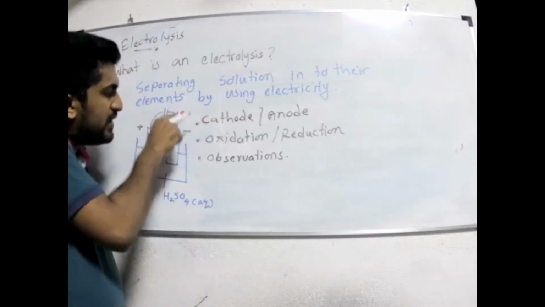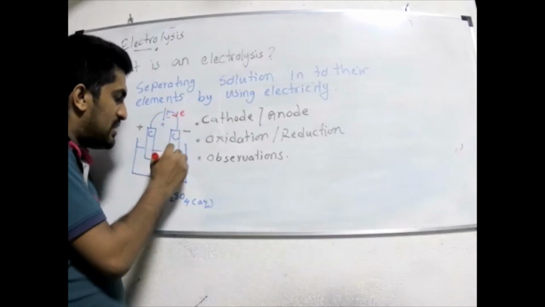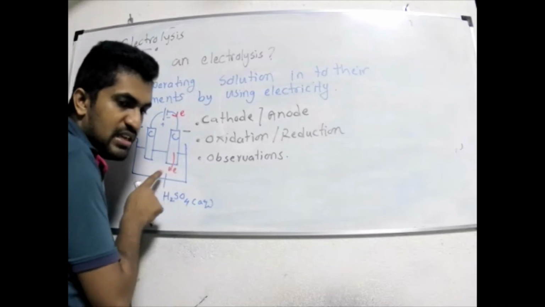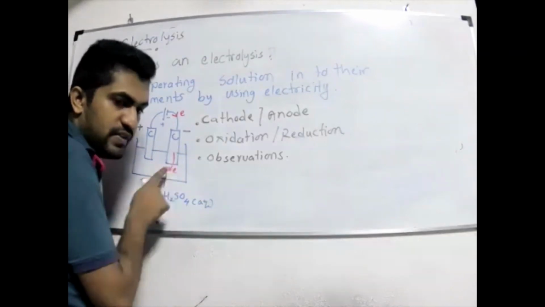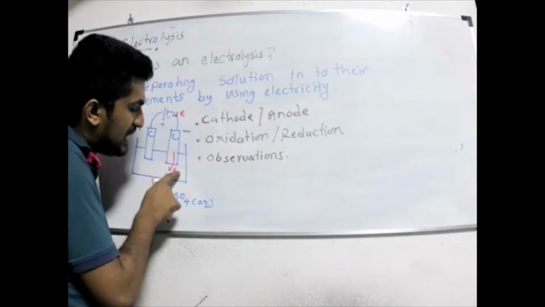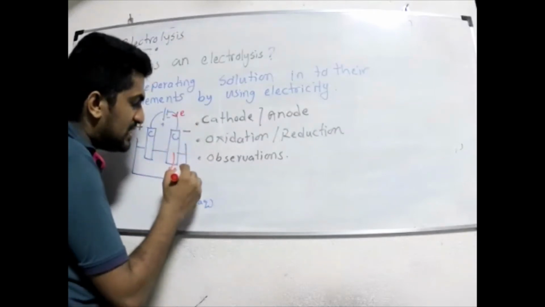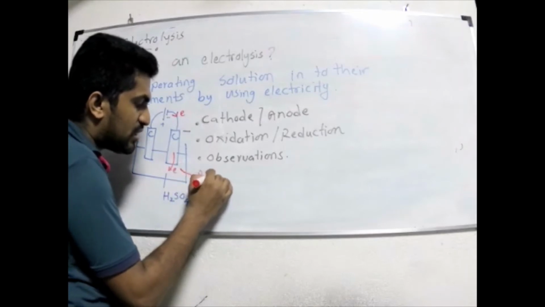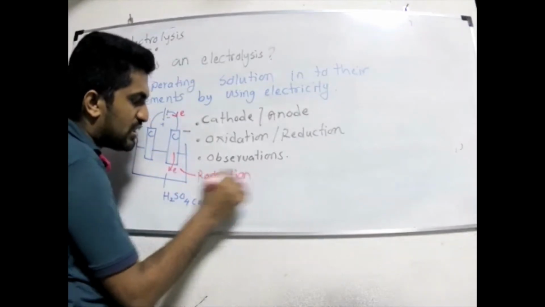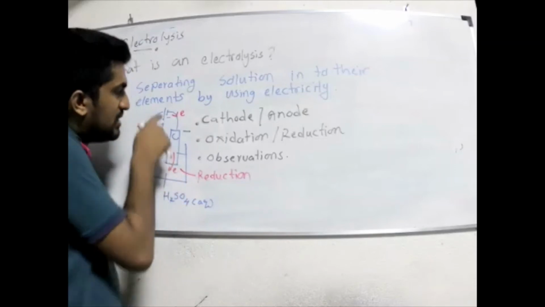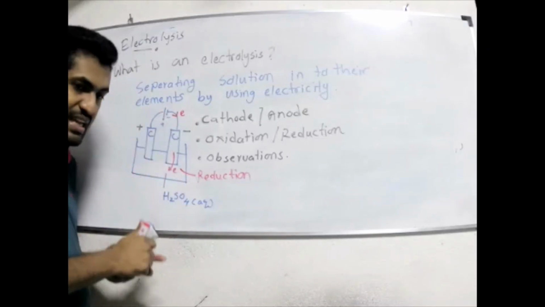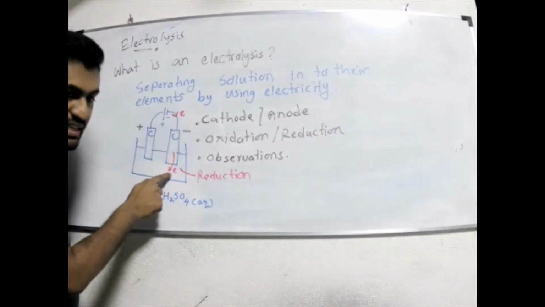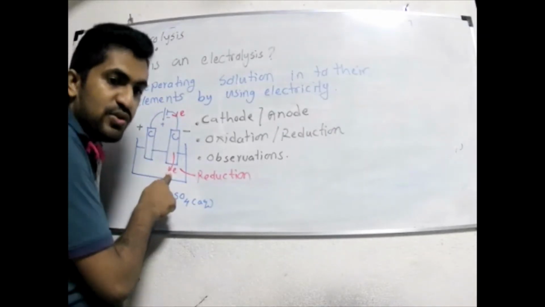The electrons given out by the negative terminal are gained here, and we call it reduction. Electrons are gained by the cation in the solution.